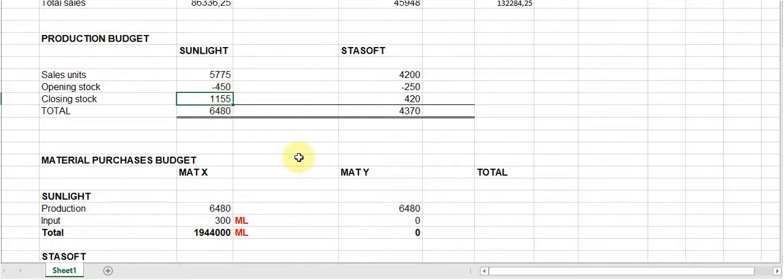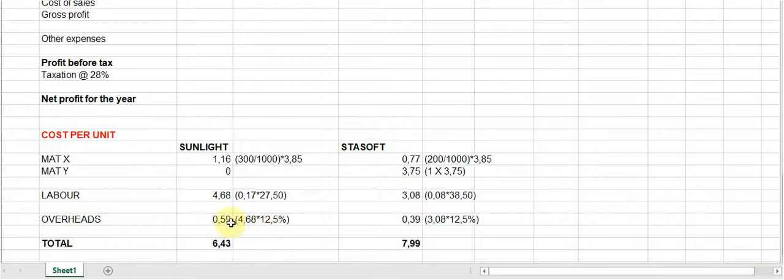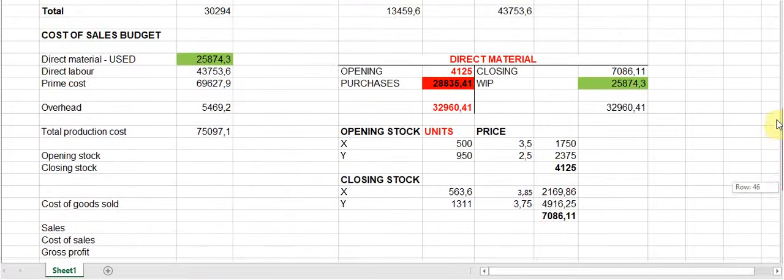And for Stasoft, it was 420. So now I need to go and apply that and also apply the cost per unit that I've calculated here, but this is for 2020. The cost per unit of Sunlight was 6,43, and for Stasoft it was 7,99. So I'm going to do that calculation.